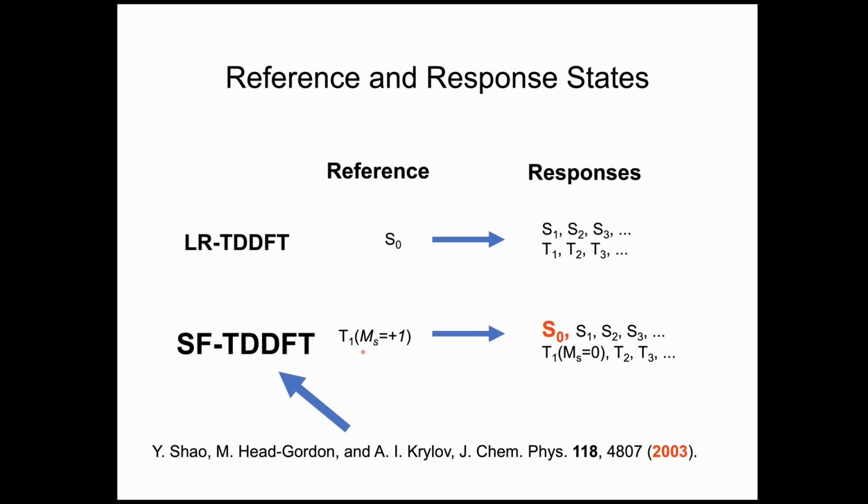Although they are the same T1, the lowest triplet, M sub S is different. So even the reference T1 state can be properly coupled among other triplets. It looks great because all the states are now in the same response space, so there's no problem of mixing different theories.